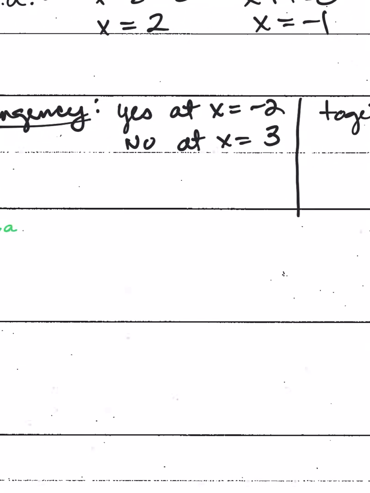So for horizontal asymptotes, we have x cubed over x squared. This is my n, this is my m. So what do we know about the relationship between n and m? N is greater than m. Not only is it greater than m, it's greater than m by what? Exactly 1 degree.